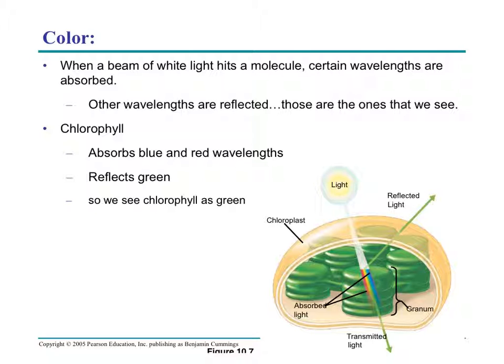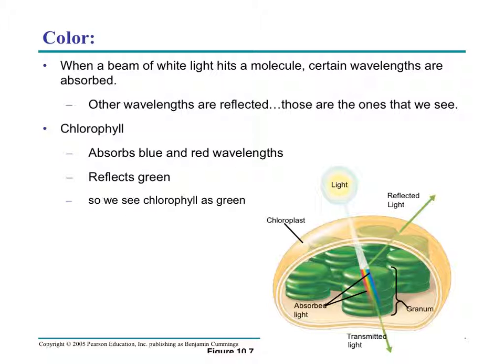Pigments do not absorb all of the wavelengths of the light. So when the sun is shining and the photons of light come in and strike the chlorophyll, which we see here, that white light that is striking the chlorophyll, only a small portion of the electromagnetic spectrum is actually absorbed.